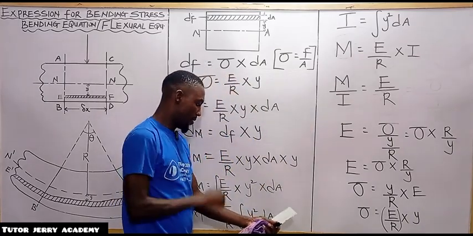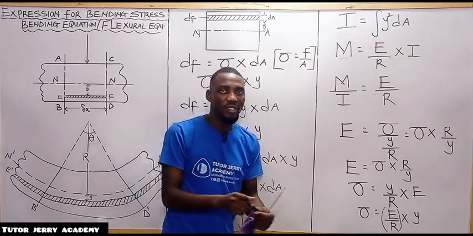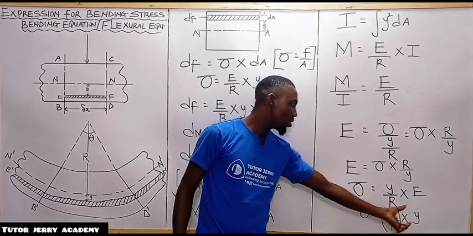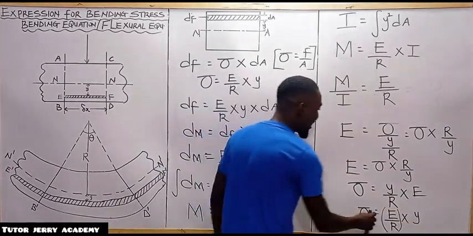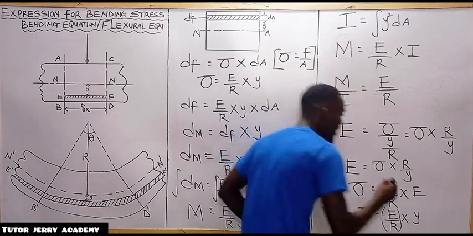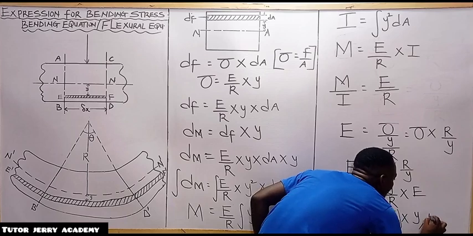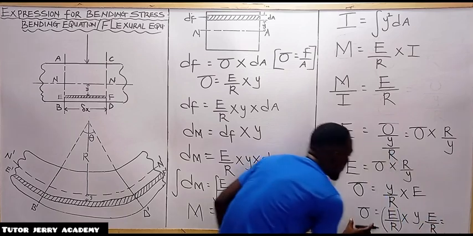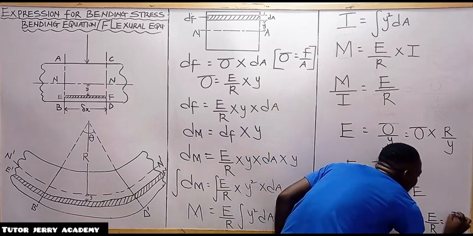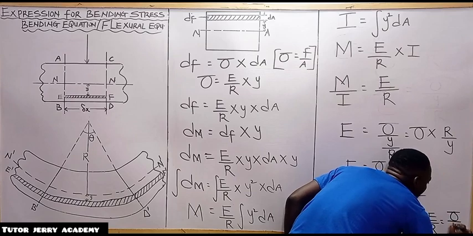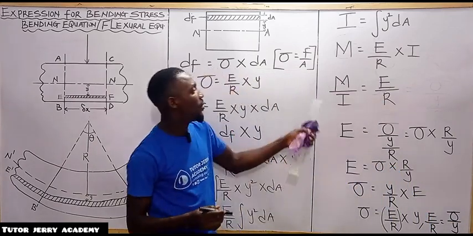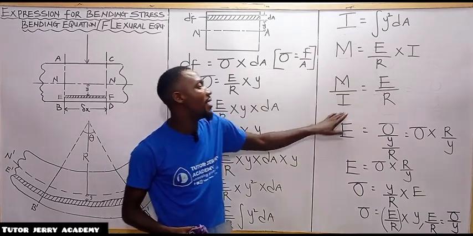All right, so now the next thing I want to do is from our first equation here that we said stress is equals to what we have here, we can make E over R the subject. If we make E over R the subject, E all over R will be equals to what? Stress over what? Over y. All right, so now we said M over I is equals to what?